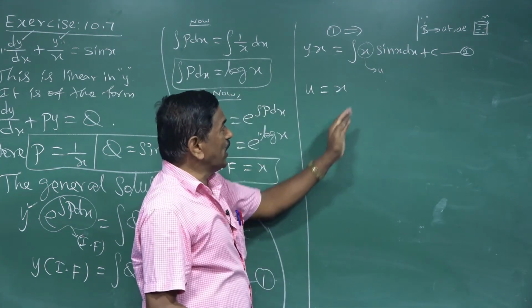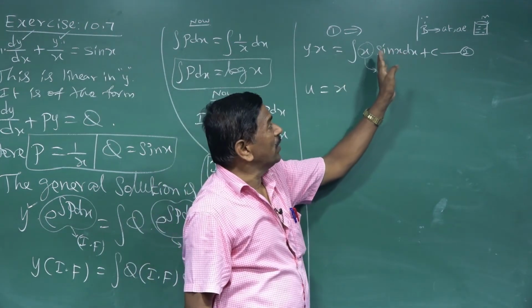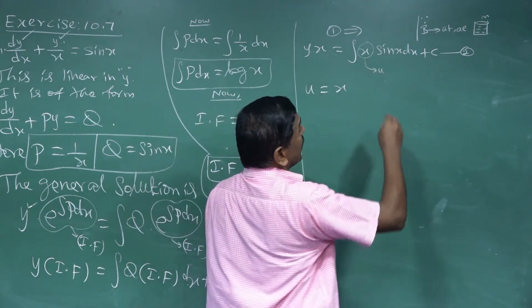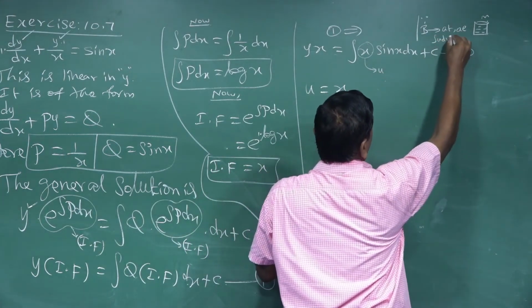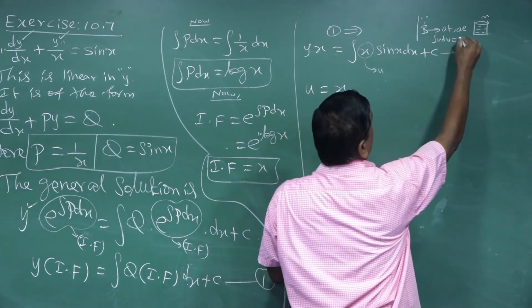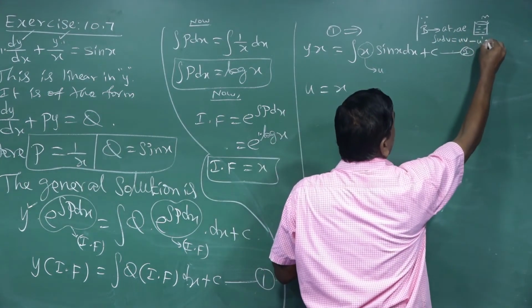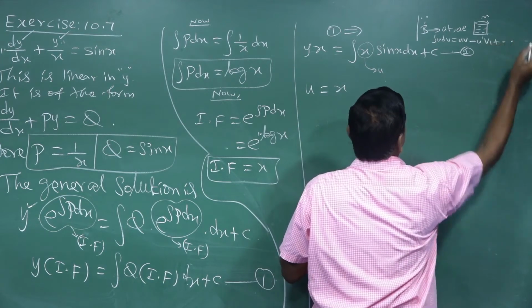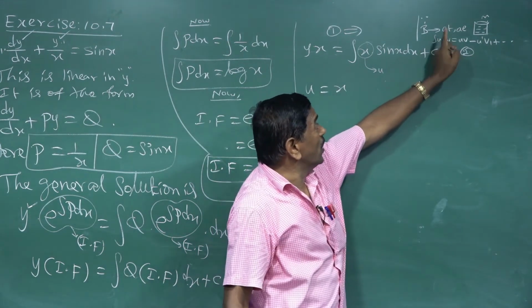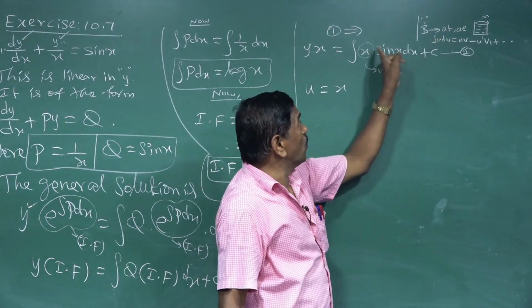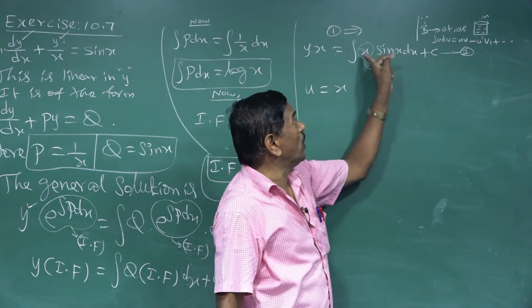Now u is equal to x and the remaining part is equal to dv, because the left-hand side of Bernoulli's formula is given by the integral of u dv. The integral of u dv is equal to uv minus u dash v1 plus etc., which is Bernoulli's formula. Here u equals x, always u equals algebraic.